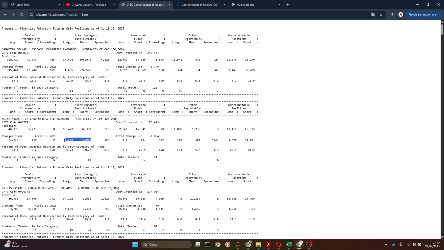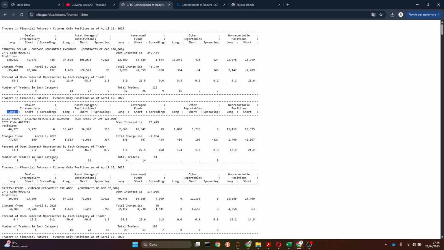For example, we can underline an increase in long contracts and a decrease of short contracts. So the aggregated asset manager movements are long. So this week, Swiss franc contracts were bought by asset managers in total. And percent of open interest is just the percentage of every category, long or short, held by each category of traders.